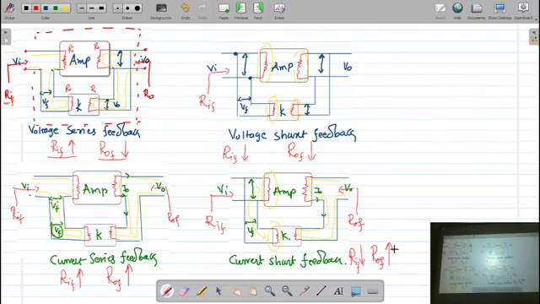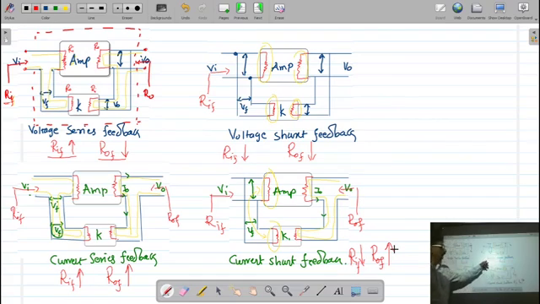So remember that when we apply the negative feedback, it doesn't mean that the input resistance will always increase and the output resistance will always decrease. It depends on what kind of feedback you are using. In voltage series, input is increasing, output is decreasing. In current shunt, it is reverse: the input is decreasing but the output is increasing.